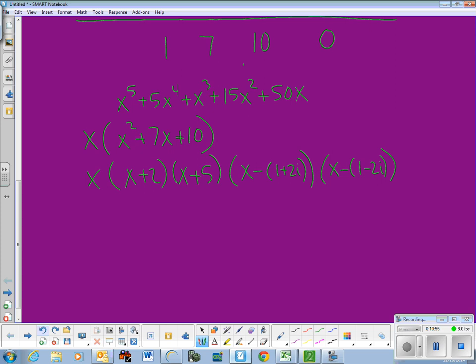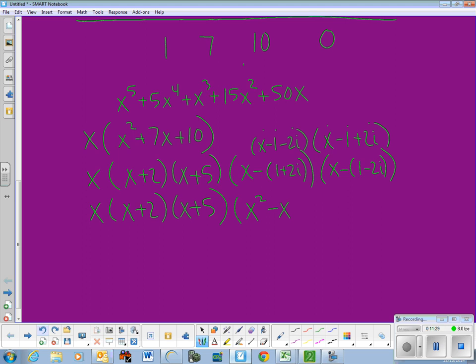My three factors here are all good. Those can just carry on. Now, let's distribute this negative. X minus 1 minus 2i and x minus 1 plus 2i. Distribute that, and now I'm going to distribute each one of these. I'm going to get 9 terms because each one of these three is going to distribute to each one of these three. So my first term is x times x, x squared. X times negative 1, negative x.